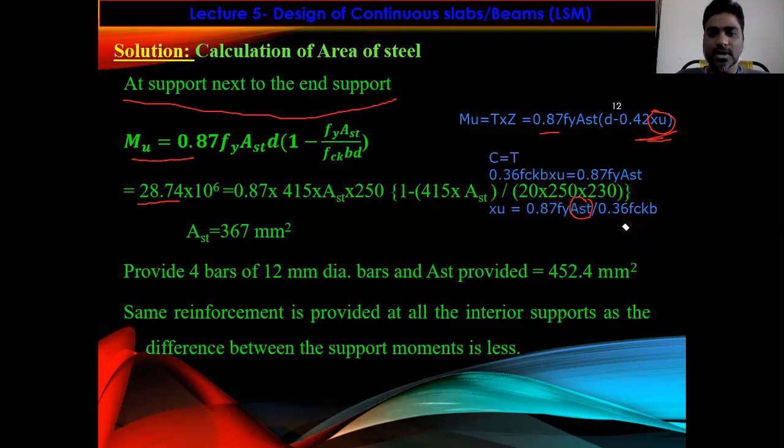If you substitute the values here, the unknown is only AST, so you will get one equation to determine the AST.